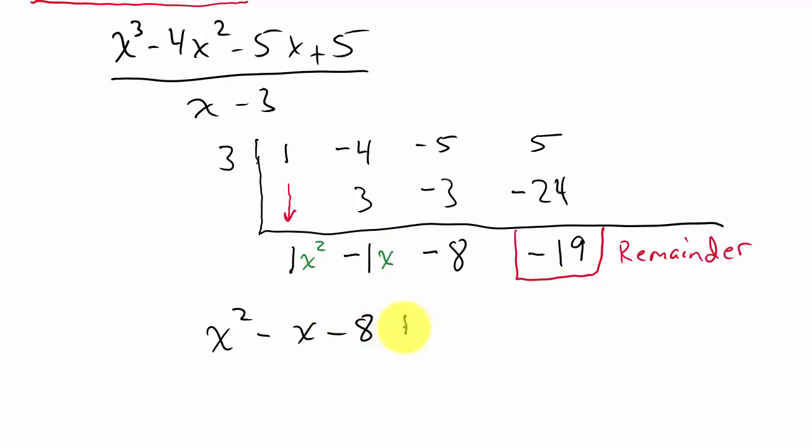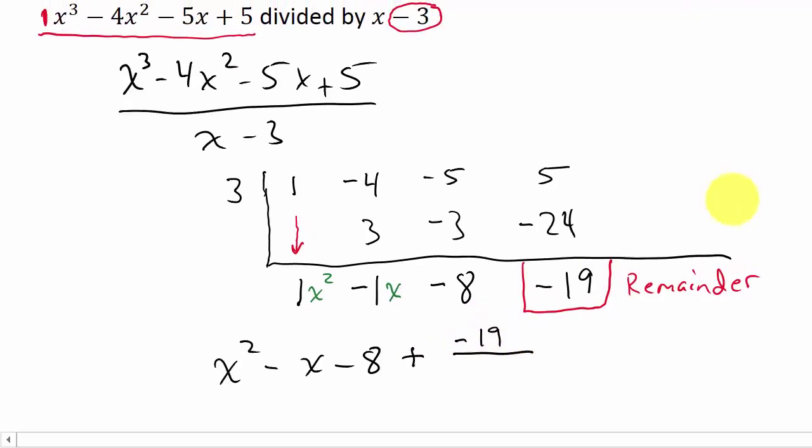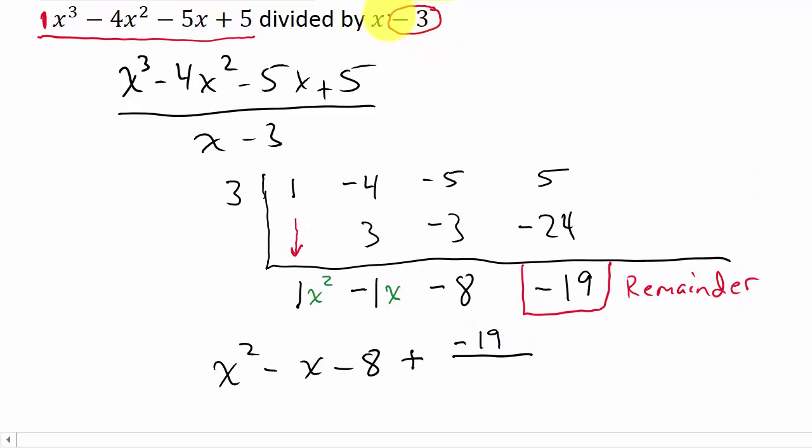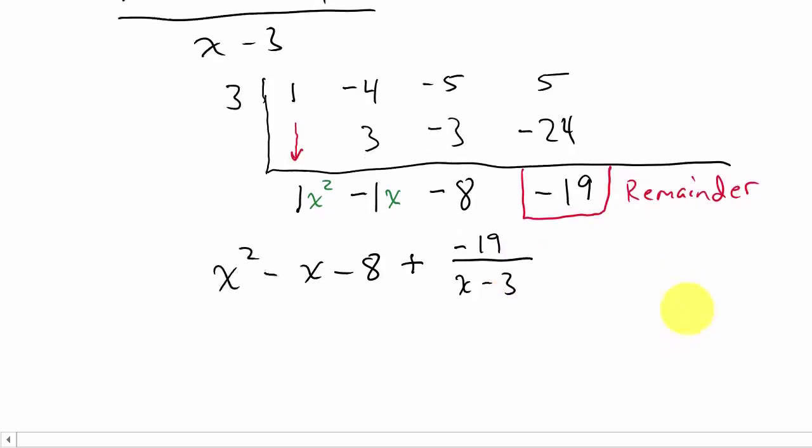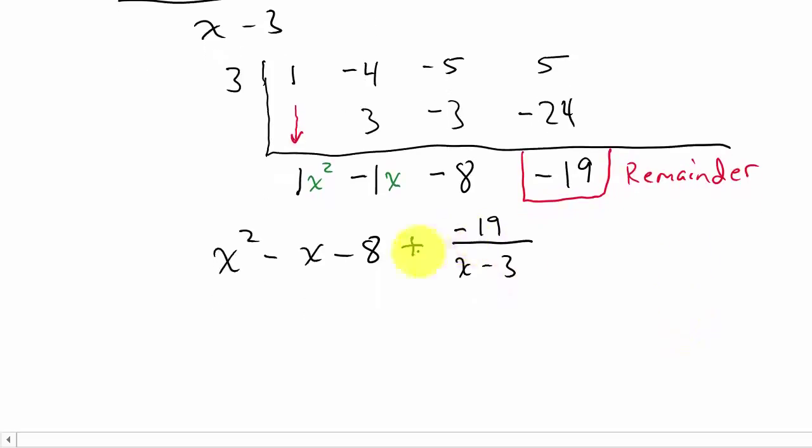Plus the remainder, negative 19, over what we're dividing by, the x minus 3. Or if it's written like this, it would be this x minus 3 over x minus 3. Then we can clean it up a little bit.